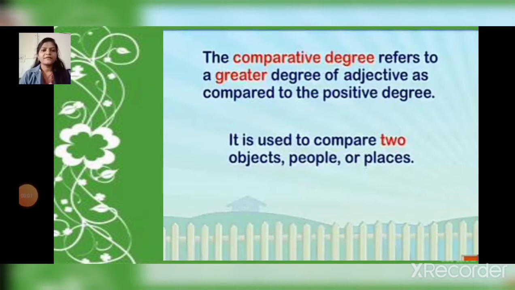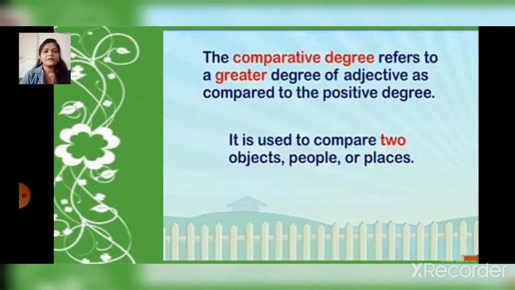Now the second degree is the comparative degree. The comparative degree refers to a greater degree of adjective as compared to the positive degree. It is used to compare two objects, people or places.